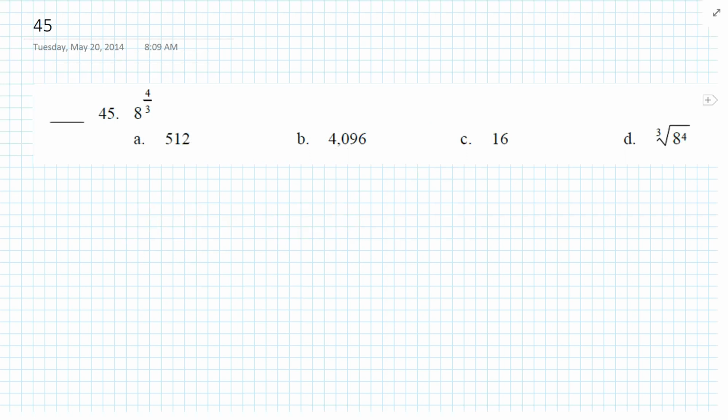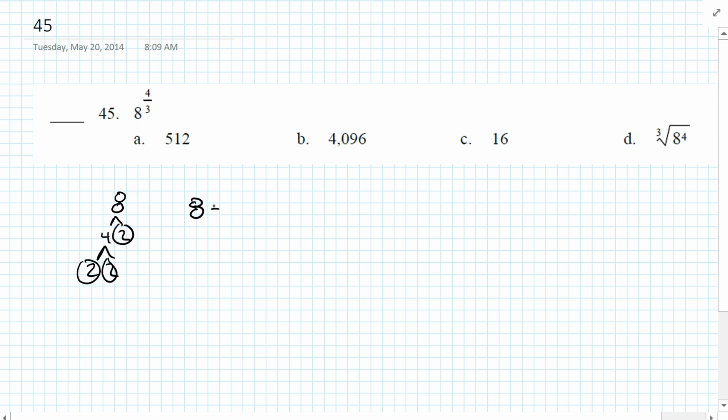Okay, 8 to the 4/3 power. Well, let's prime factor 8. That's 4 times 2, 2 times 2. So 8 is really the same thing as 2 cubed. So we could rewrite this as 2 cubed to the 4/3 power. Our exponential properties say if I've got an exponent raised to another exponent, you can just multiply them.